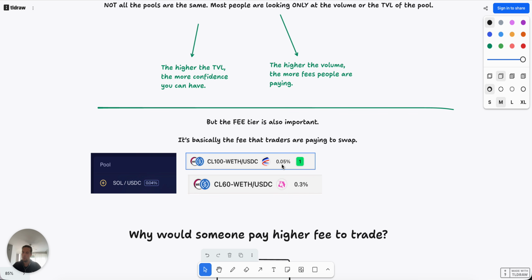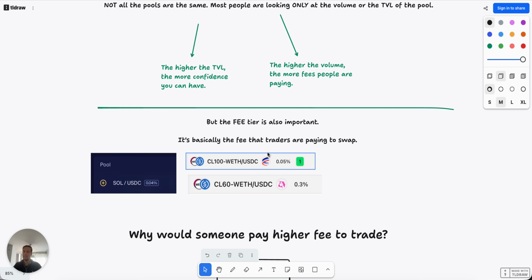0.3 and 0.05 is more than 3 times higher fee tier, right? And these 2 pools, even though they are the same in terms of the assets, you have ETH and USDC, and usually even the same chain, both of these pools are on Base chain, just at different DEXes.